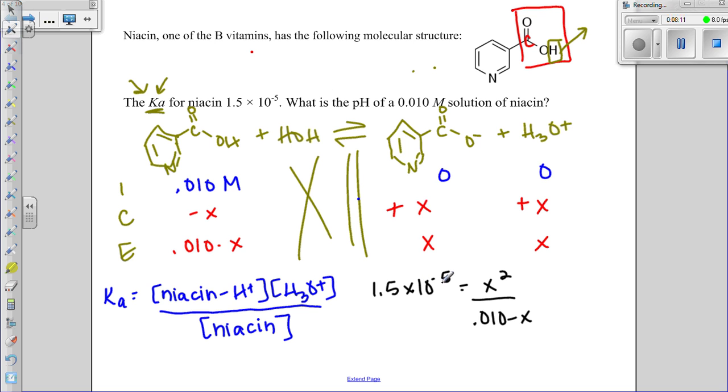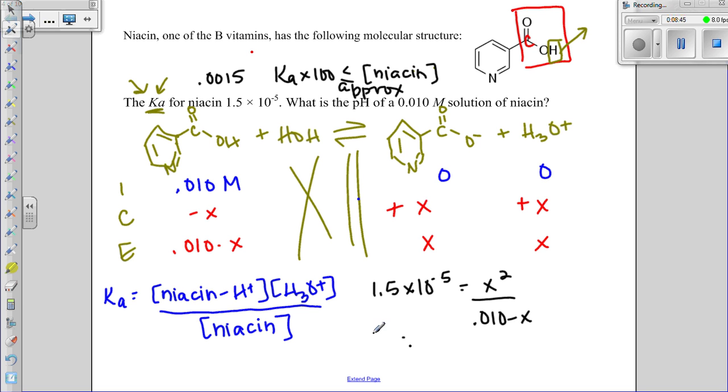This is small. If I take 1.5 times 10 to the negative fifth times 100, I get 1.5 times 10 to the negative third. So this is smaller than our initial concentration. So because Ka times 100 is less than or equal to the initial niacin concentration, I am going to approximate.